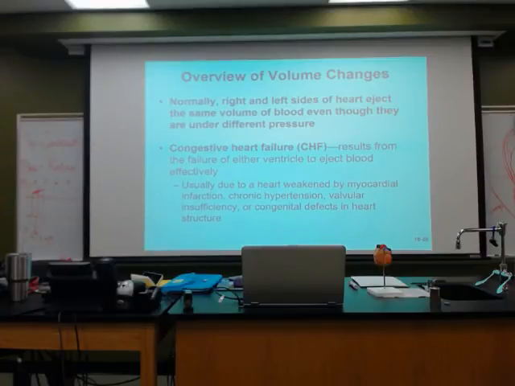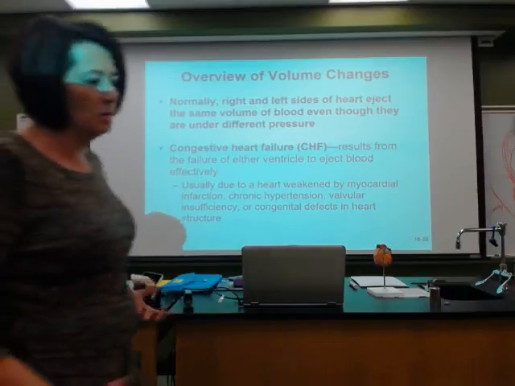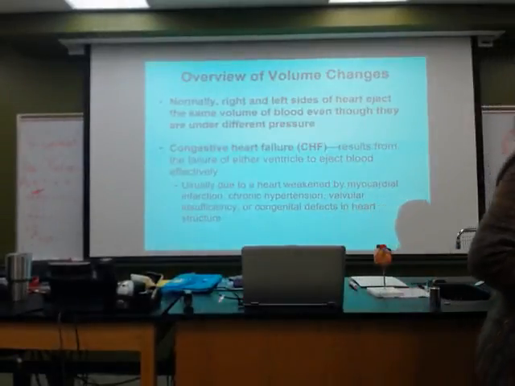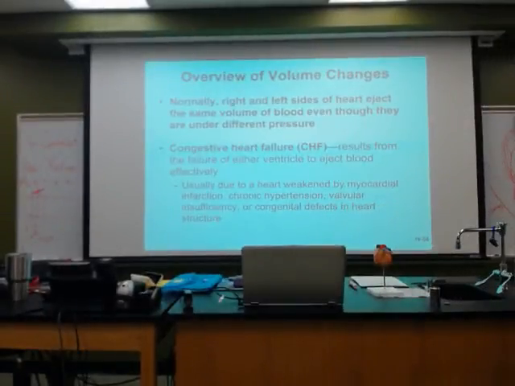Chronic hypertension. Ever known somebody under chronic hypertension? It's like no matter what they do, no matter how many medications they take, it's almost impossible to get their blood pressure under control. Well, after many years of that, it begins to take a toll on the heart. And usually, congestive heart failure can be the result.